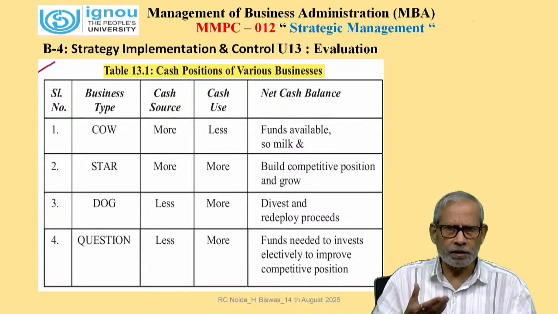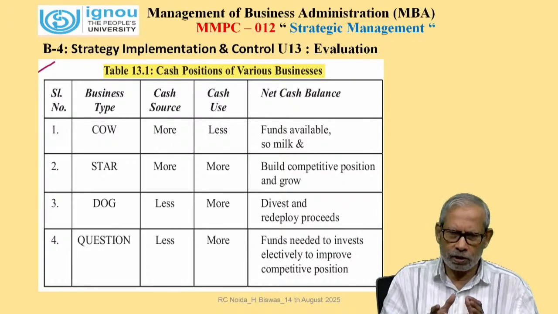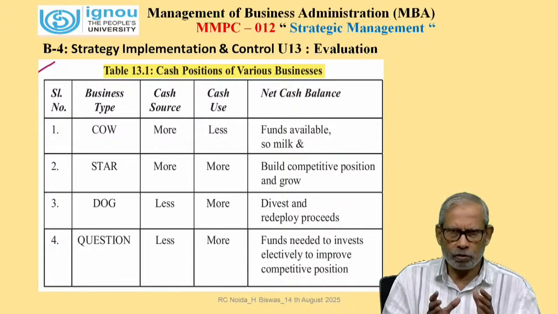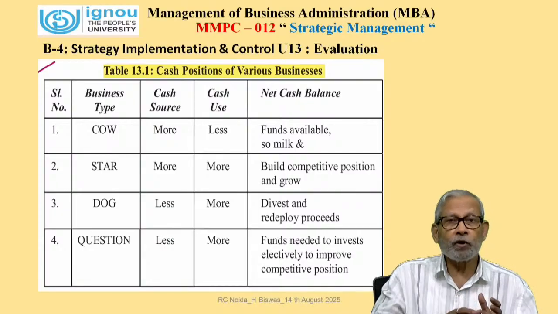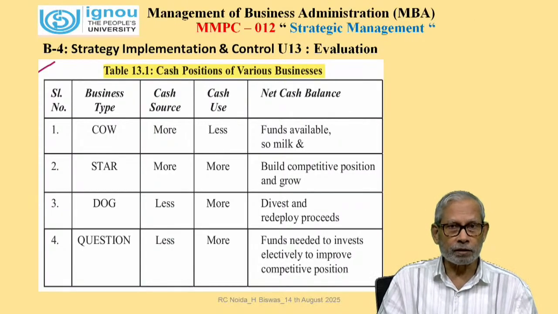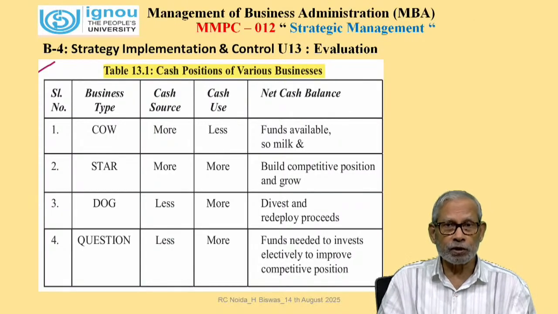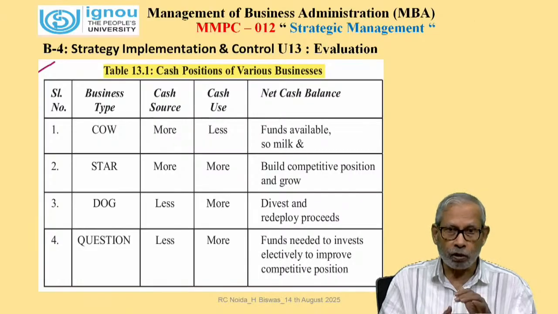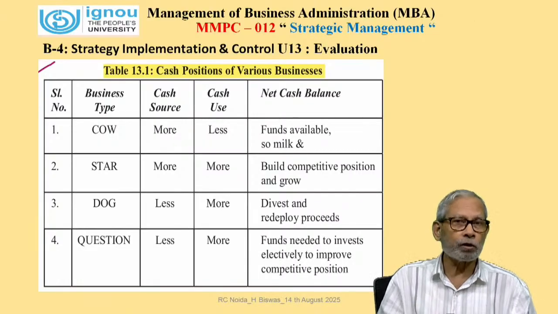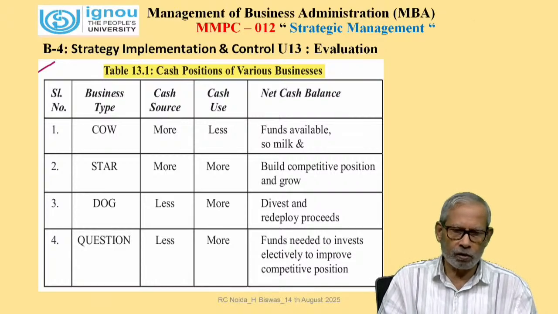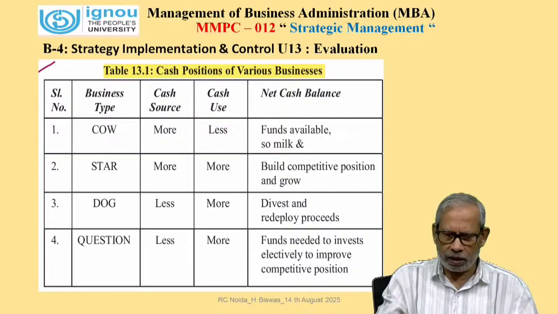That is the way I am not reaching the things. So we have to focus on that area. Dog type of business should not be advisable, so you have to change it. So these are some charts given.